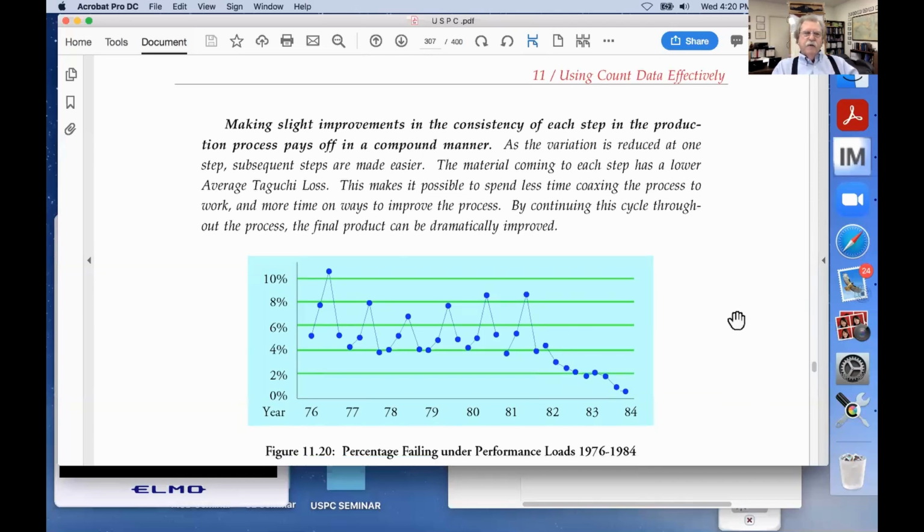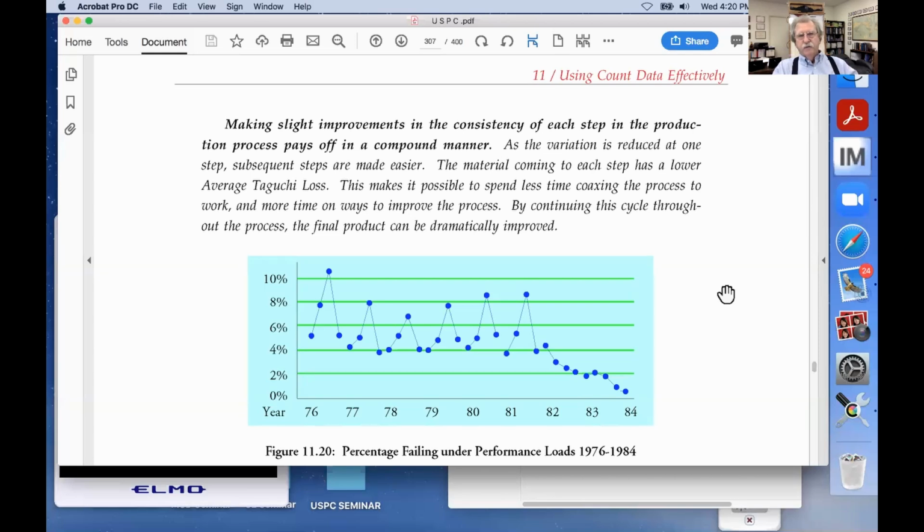Well, that's the secret of using count data effectively. It's not what type of chart you use. I've used a lot of NP charts in this chapter, if you notice. It's the disaggregation. It's the rational organization. It's understanding how to listen to the voice of your process and react to the signals that you find.